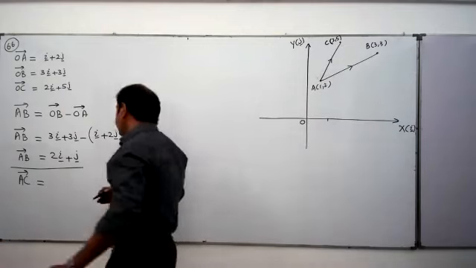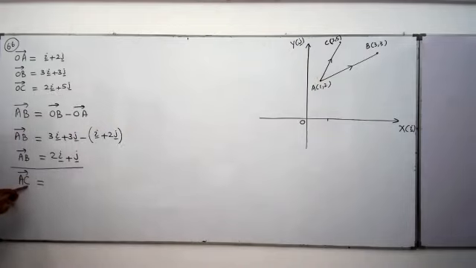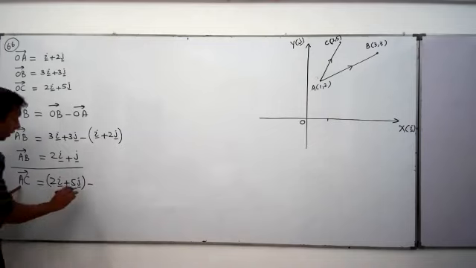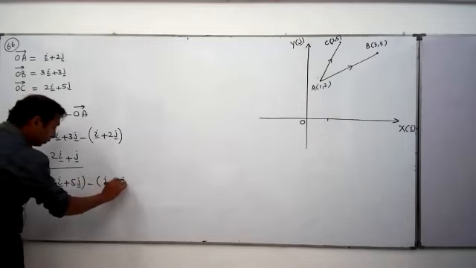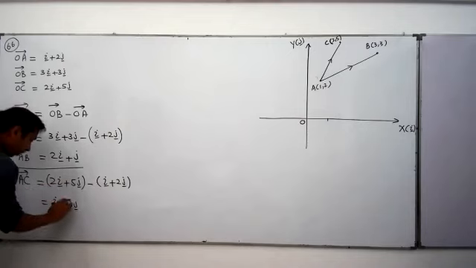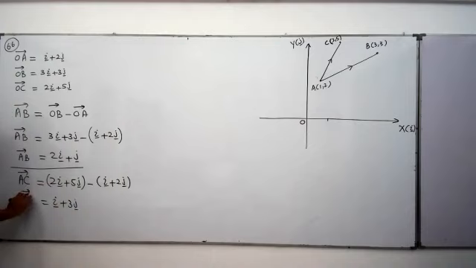AC vector: second letter position vector, it is OC vector, 2i plus 5j minus OA, i plus 2j. 2i minus i, it's i. 5j minus 2j, it's 3j. This is AC vector. Right? That we found.